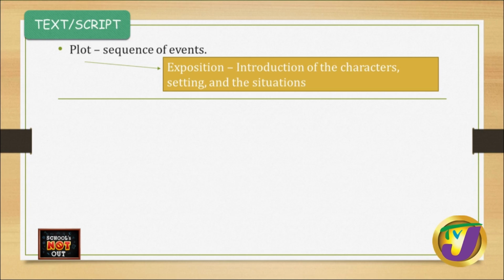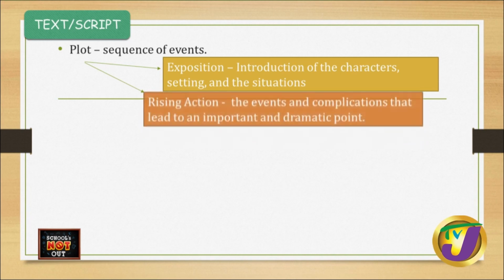So if we were reading Old Story Time, we would have already been introduced to the characters. And who are the characters in Old Story Time? Because I know you used to do it in literature. Yes. So we have Pa Ben, Miss Aggie, Len, and Pearl. So you will already be introduced to the characters, the setting, and the situation.